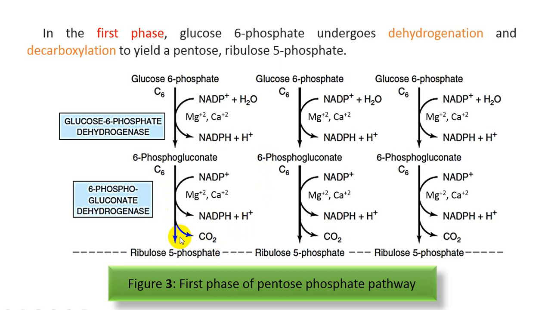This diagram is considered the first phase of the pentose phosphate pathway. We've got 2 dehydrogenation enzymes, and decarboxylation, removing 1 molecule of carbon dioxide.